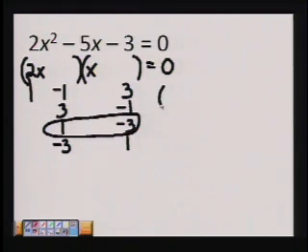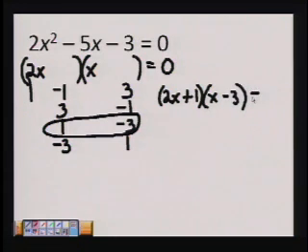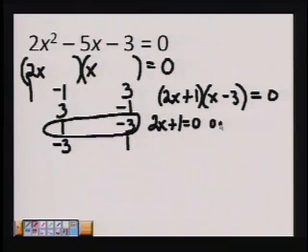So now we have 2x plus 1 times x minus 3 equals 0. Again, we have two things multiplied together with a product of 0, so either the first one has to equal 0 or the second one has to equal 0, and we'll solve each one.